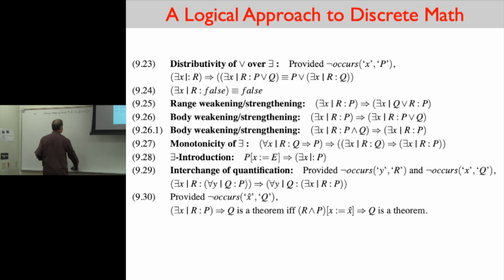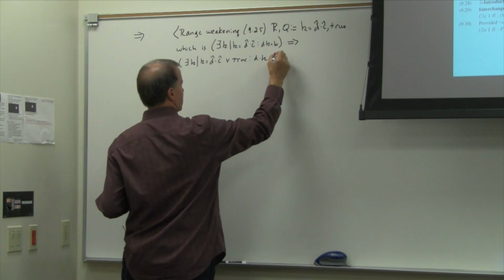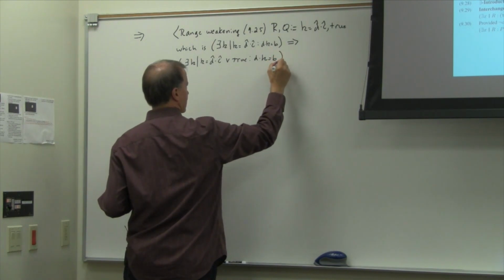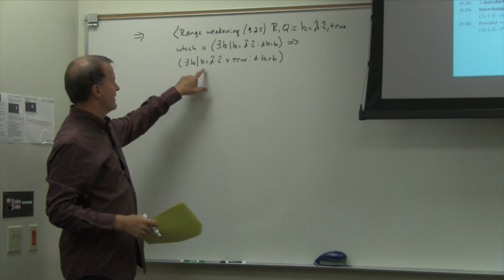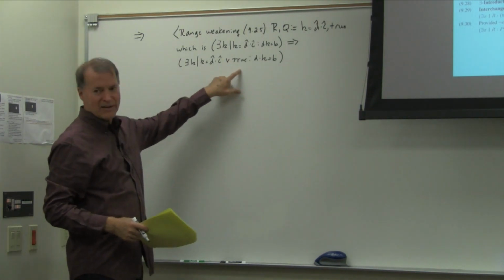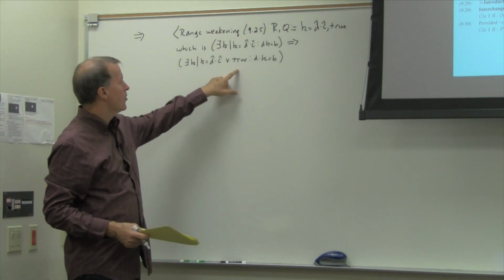Let's write this out. Which is what? Range D times K equals B. Right? But now we know that anything or true is true. Is that what you were saying? What should we do? Weaken it again? No, it's not weakening.